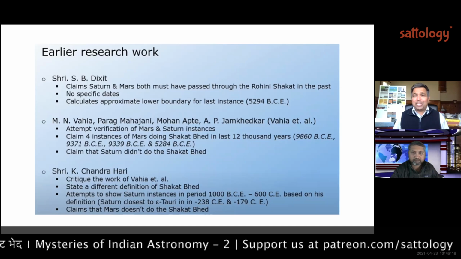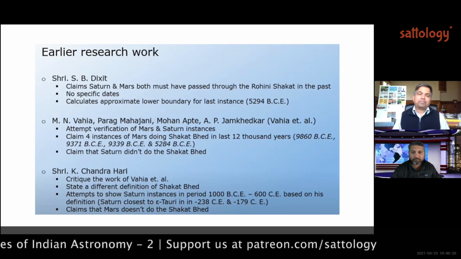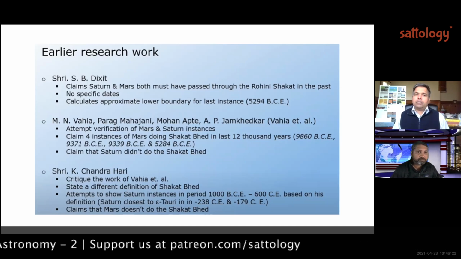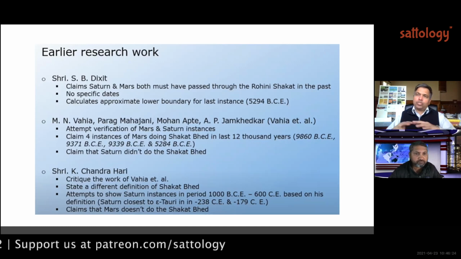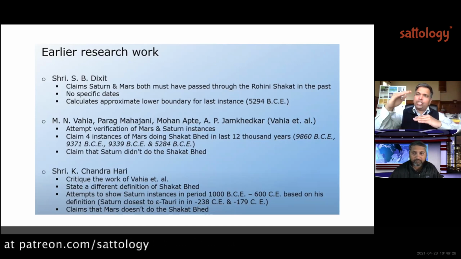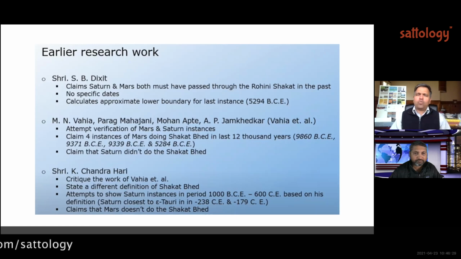I mean, there is no astronomy software then. He did calculations based on Saturn's position, Mars's position, their orbits, and the change in their nodes, and all kinds of parameters. And then he also came to the conclusion that, yes, right now they won't do it.